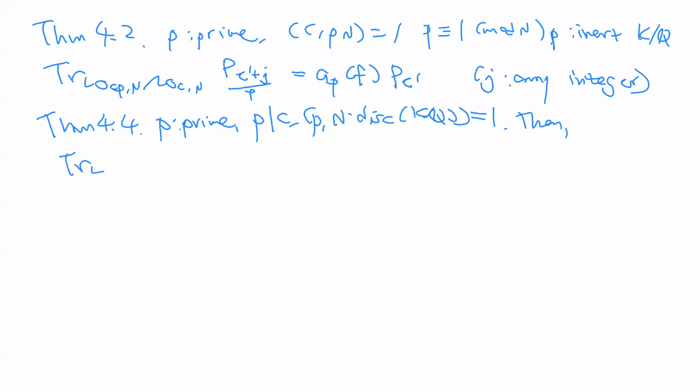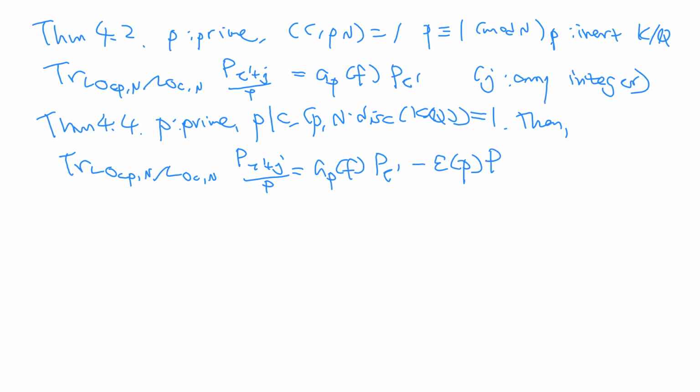Then the trace of O sub CP comma N over L sub O sub C N of P tau prime plus J, again any integer J over P is again A sub P of F times P tau prime minus epsilon of P. This epsilon is the character of new form F times P tau.